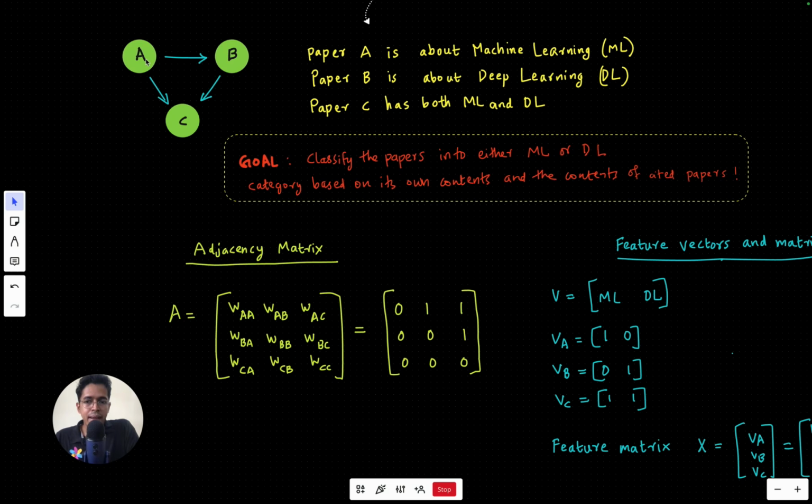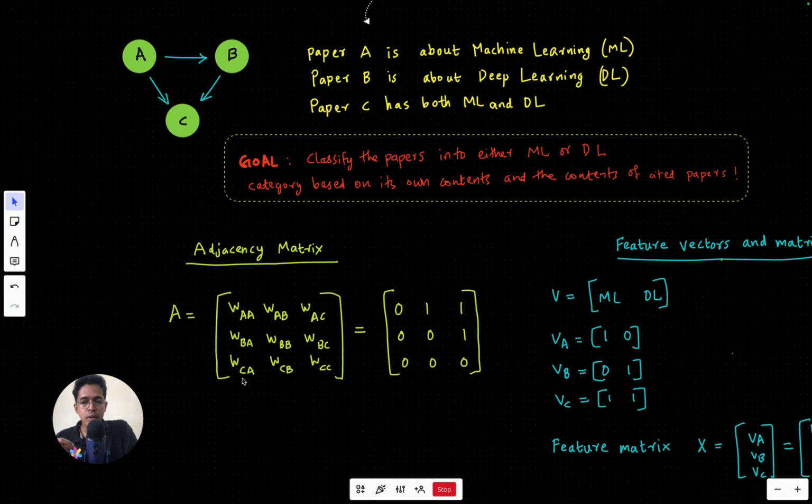Node A can be connected to itself, to node B, and to node C. The weights of those edges are denoted by WAA, WAB, and WAC. Similarly, WBA, WBB, and WBC show the weights of the edges from node B to A, from node B to itself, and from node B to node C.